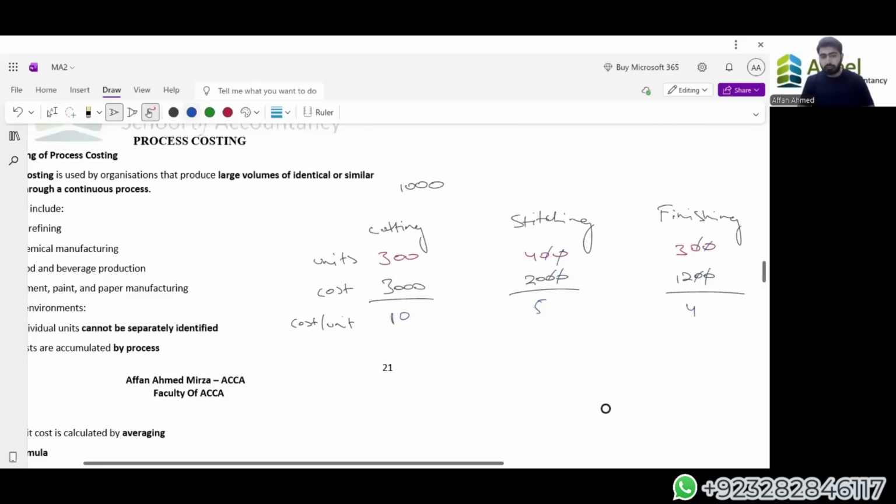Now, all of these are just imaginary numbers, with no relation to practicality right now, just a concept I'm trying to establish.